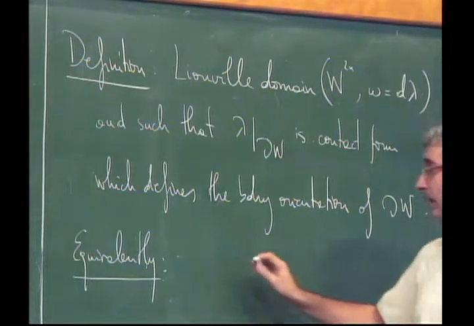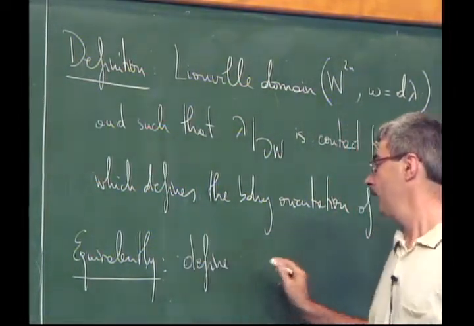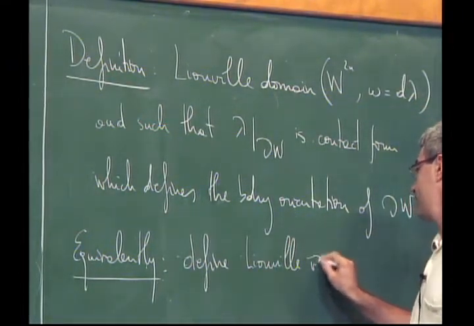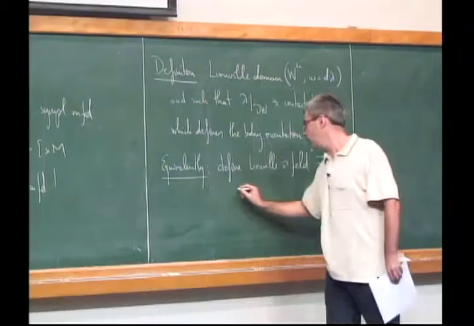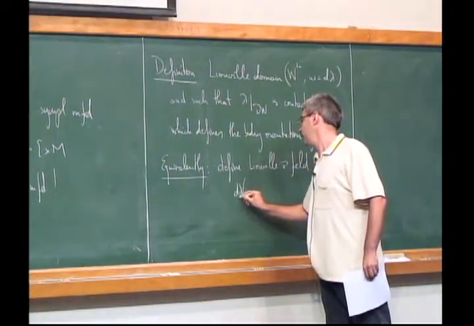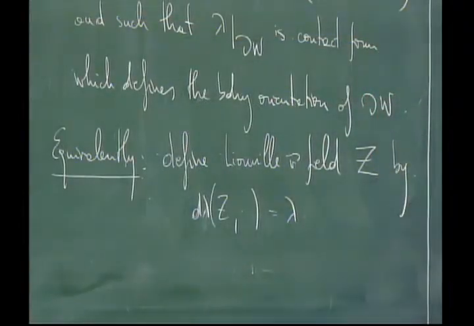Alternatively, equivalently, whenever I have lambda, I can define its dual, what's called the Liouville vector field Z, by d lambda of Z, dot, is lambda, the dual vector field to lambda.